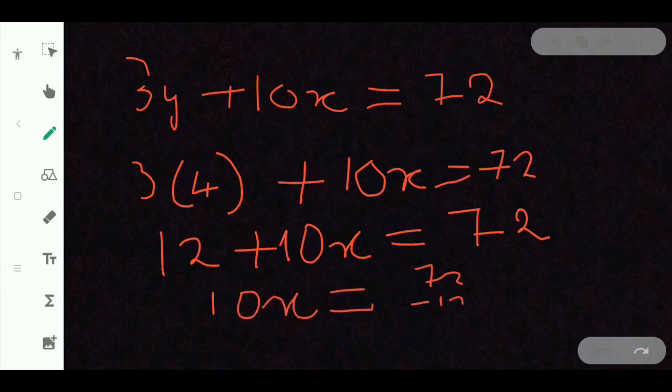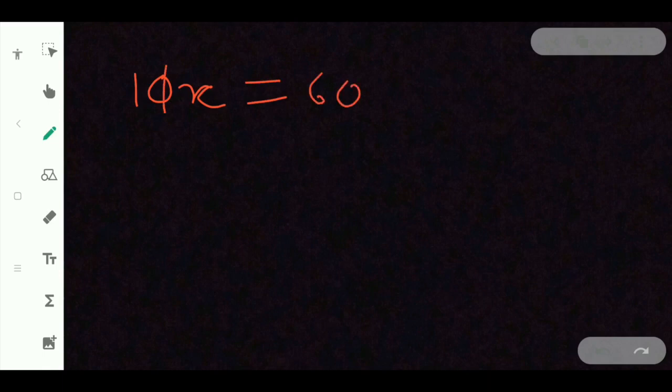Our 10x is equal to 72 minus 12, 10x is equal to 60. x is equal to 60 by 10. 0 0 cancel, so x is equal to 6 and y is equal to 4.